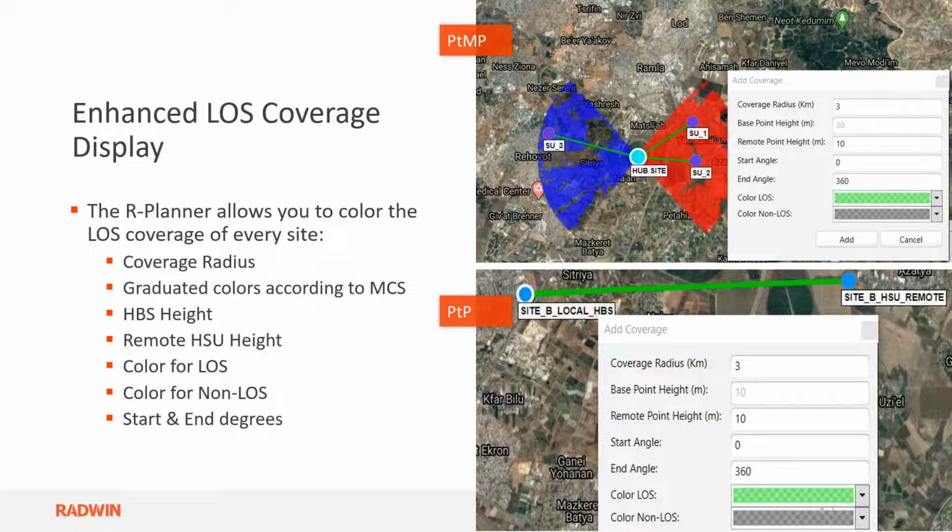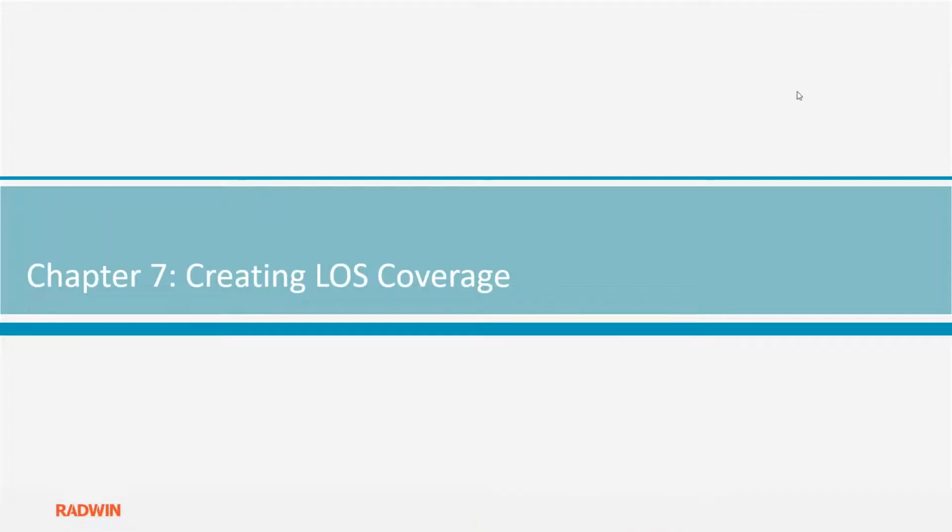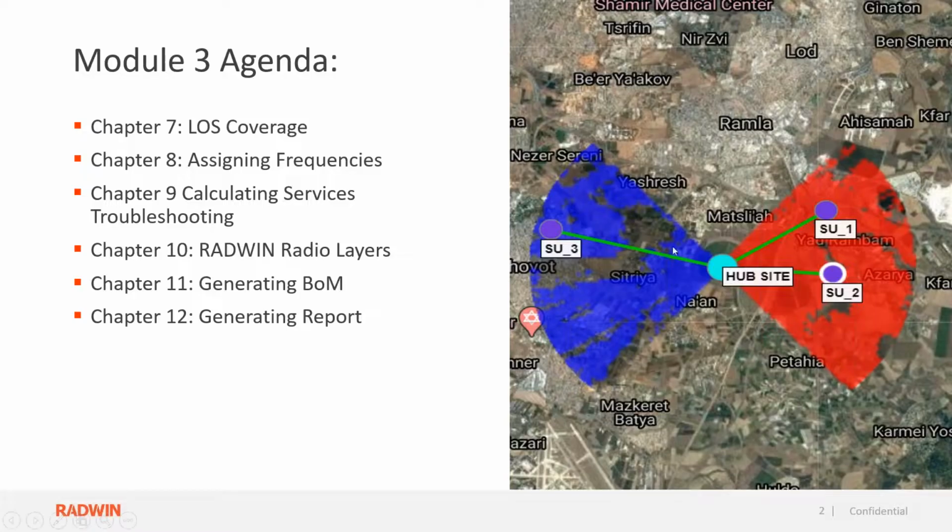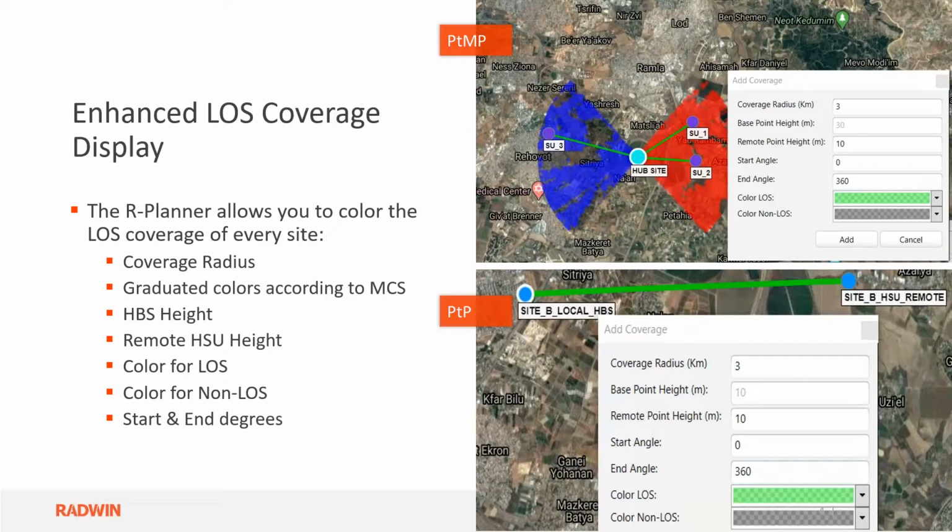HBS has height and tilt, remote HCU height, color of line of sight, and color of non-line of sight is the dark area that you can see in those areas. The black holes are actually non-line of sight environment, where we can expect topographical obstacles that can impact the performance of the link.